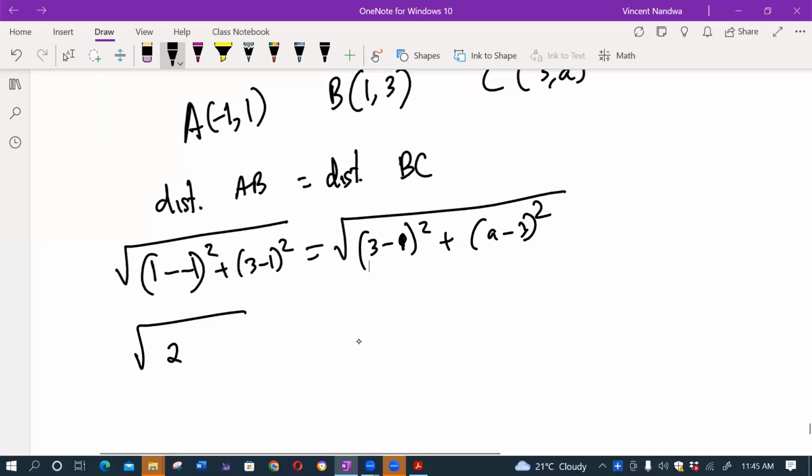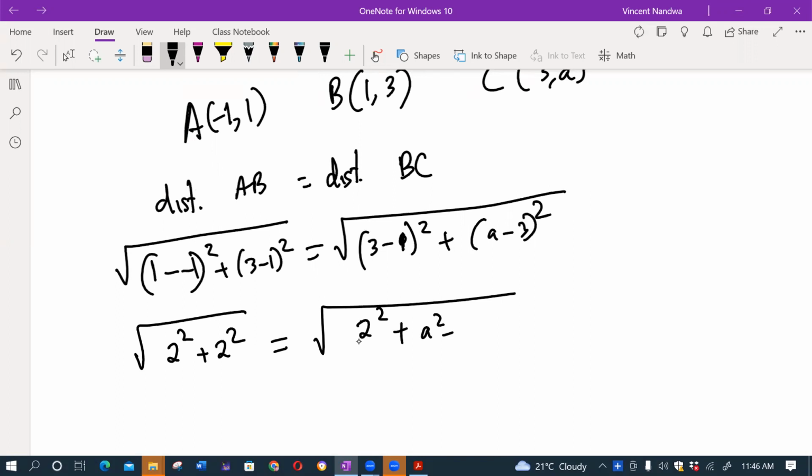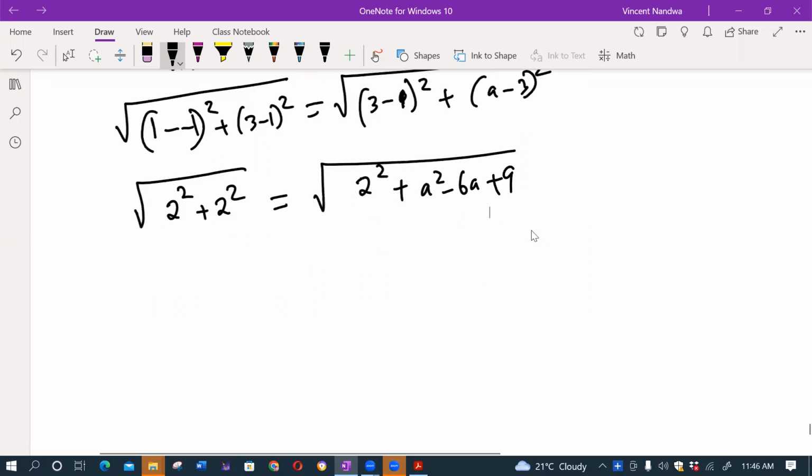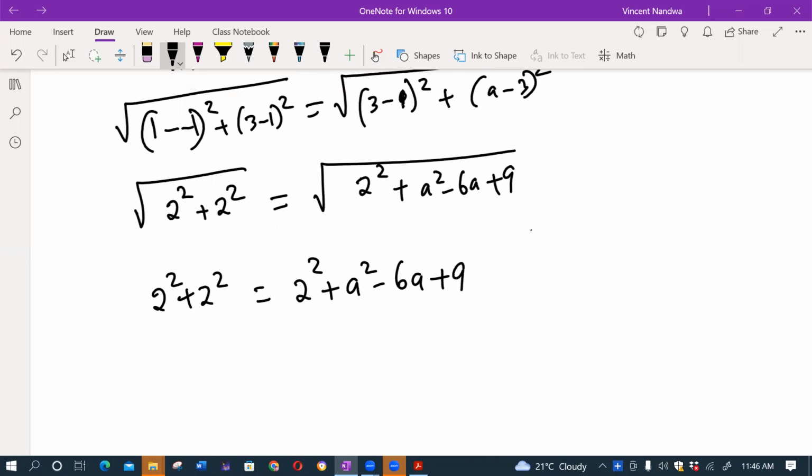So square root of 2 squared plus 2 squared equals square root of 2 squared plus A squared minus 6A plus 9. So when you square both sides, you have 2 squared plus 2 squared equals 2 squared plus A squared minus 6A plus 9. That's obtained by squaring both sides of the equation.